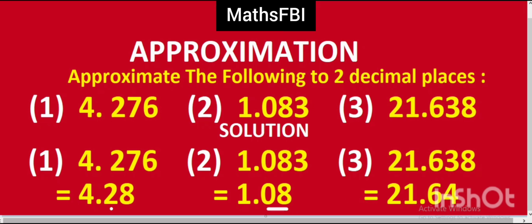Okay. 21.638. 8 is greater than 5, so we round it up to 1 and then add to this, and so we got 21.64. As you can see, mathematics is not magic. Understand the principle and you are sure to get your answer correctly.